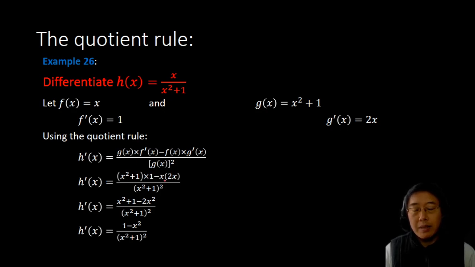You replace the functions by the expressions. With the numerator, you need to simplify it by expanding the brackets and regrouping the like terms. If you can factorize, you can do so. Here you could factorize the 1 minus x squared, but it won't simplify with the denominator, so probably it's fine to leave it like that.